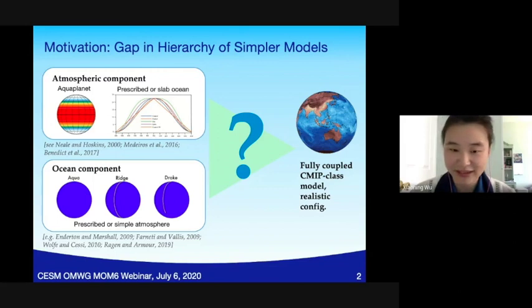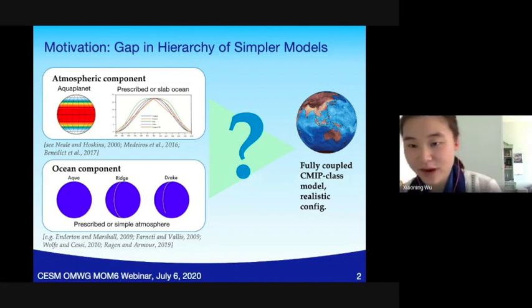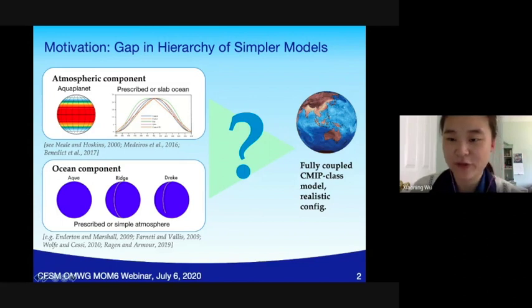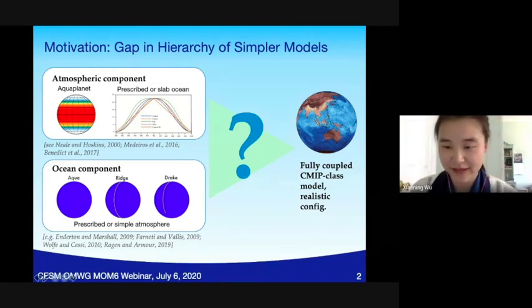Both sides of these idealized studies tell us a lot of important science information. However, if we look at the other end of the spectrum, the fully coupled CMIP class models that we use for climate assessments, then obviously we see a gap between these compartmentalized idealized models and the fully coupled, comprehensive Earth system models.